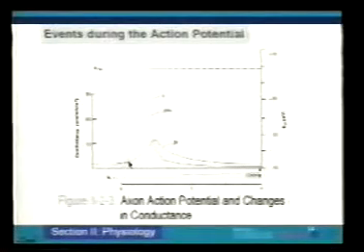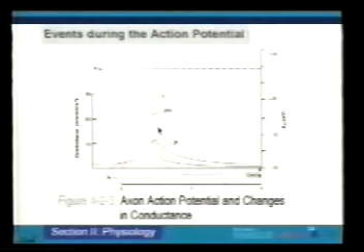So potassium conductance increases slowly during the action potential. Peak potassium conductance does not occur until this point. Now they won't test the exact point, but you should realize peak potassium conductance is during the initial stages of repolarization.